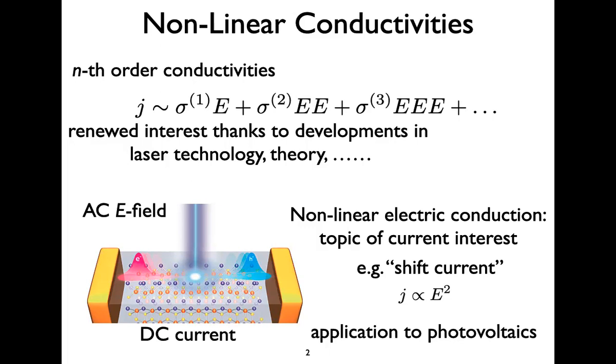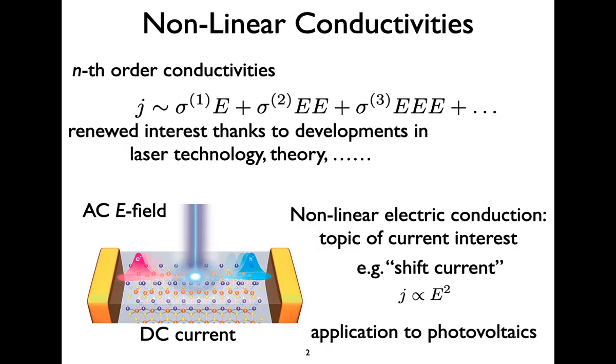Of course, we already have photovoltaic cells because of a different mechanism, but this can give an alternative mechanism for the photovoltaic effect. So this could be useful. But in this talk, I'm not going to discuss particular materials or any particular nonlinear effects such as this.